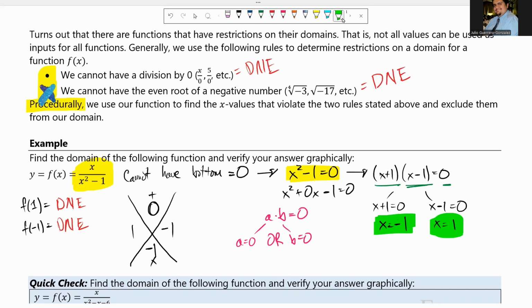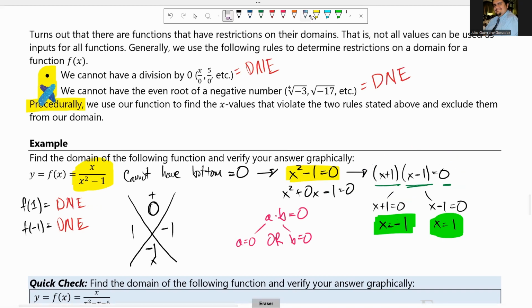We want to find all the possible values that we can plug into x for this function. Since this thing has a division, we can't have the bottom equal to 0. So we're finding what makes it 0, and we did. We found what makes it 0.